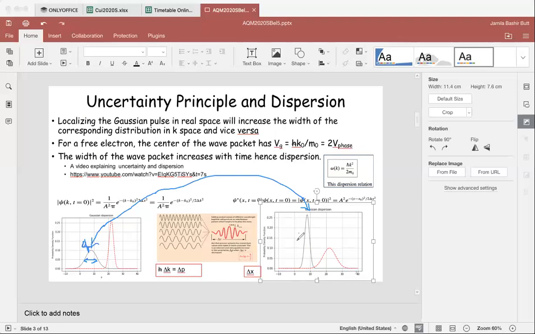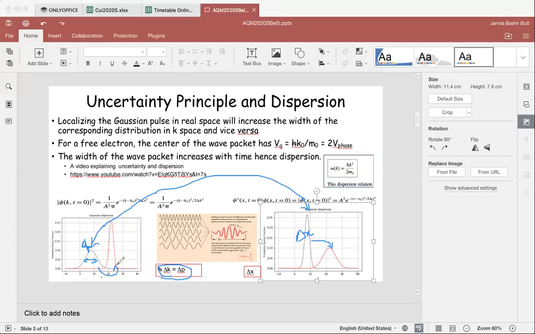and this is the corresponding delta x. Their product remains greater than h over 4 pi. And this is the formula showing the relation between delta p and delta k. After some time, the wave moves to this location with higher uncertainty in x, but the corresponding wave also changes.